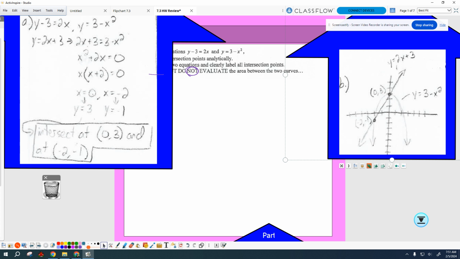All right, so area between the curves. Right minus left, top minus bottom, which one would we do? Tell me, which one did you do? Top minus bottom. Okay, so what would that be? From negative 2 to 0, 3 minus x squared minus 2x plus 3.